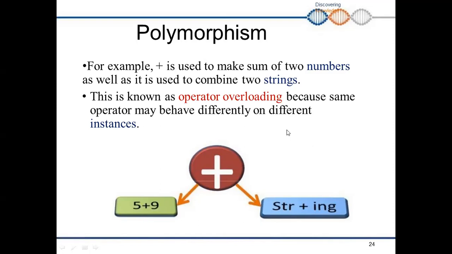In C, we can add only integers and float values with the help of the plus symbol. But in C++ and Java, we can combine strings with the plus symbol because of operator overloading, because the same operator may behave differently on different instances. So here the plus symbol can add two integers as well as two different strings. So here there is more than one form of our addition symbol.